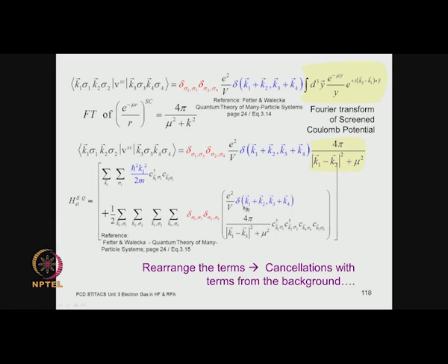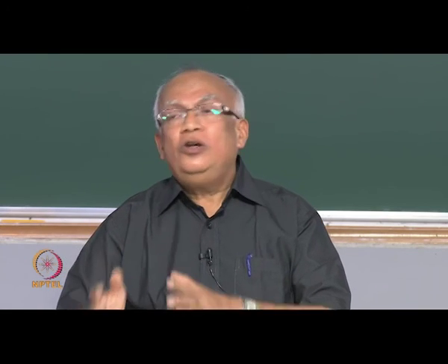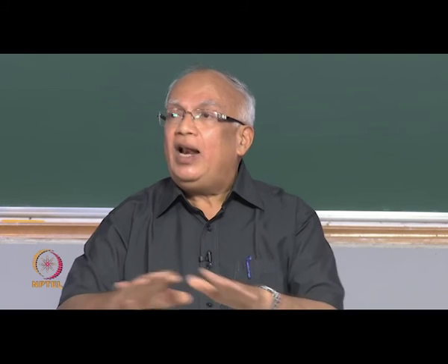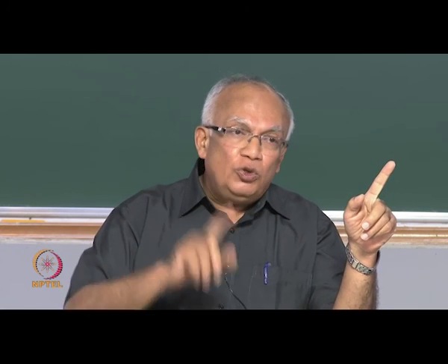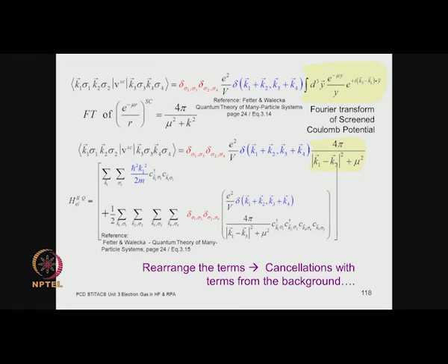When you deal with these, there will be certain momentum transfer, and you may be able to separate out certain terms. How much momentum is transferred? What are the terms corresponding to zero momentum transfer? What are the terms corresponding to non-zero momentum transfer? When you analyze these terms carefully, you will find that some of these terms actually cancel the 1 over mu square divergence we were getting from the background Hamiltonian and from the electron background Hamiltonian. That is something we are going to see after rearrangement of these terms.